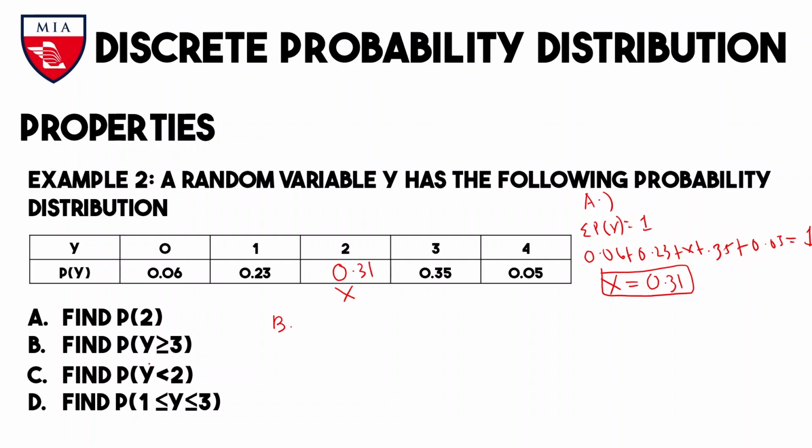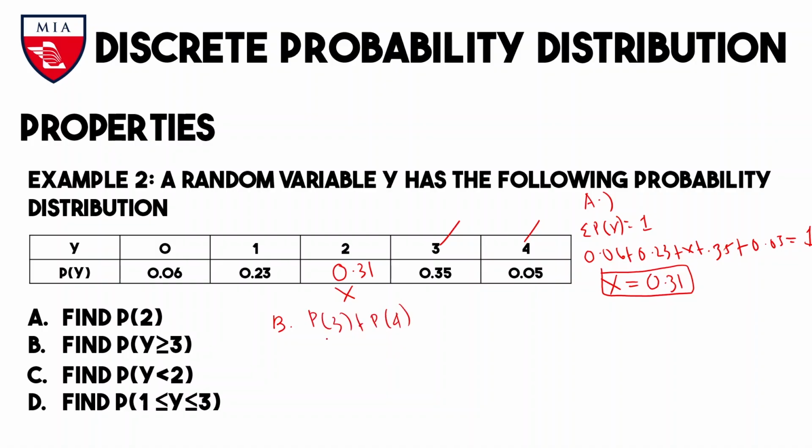Find the probability if y is greater than or equal to 3. We will observe the table. What are the values equal to or greater than 3? We have P3 and we have P4. The next step is to add the values: P3 plus P4.